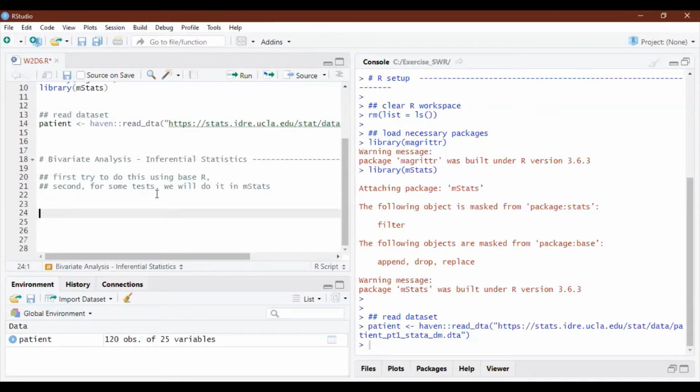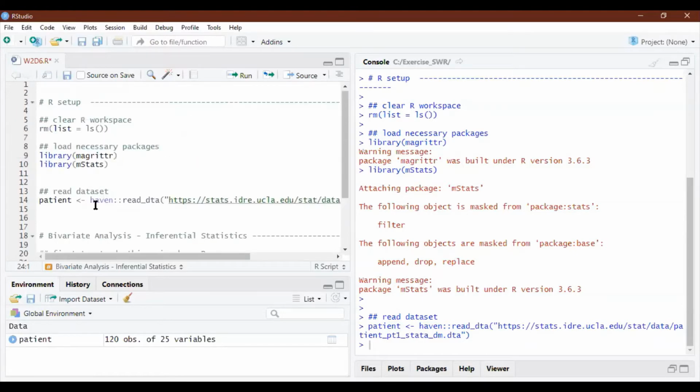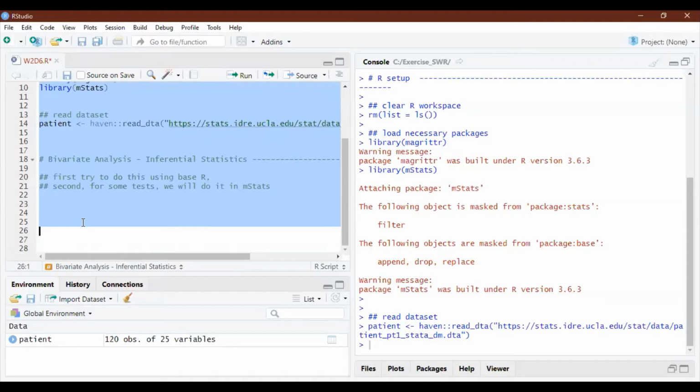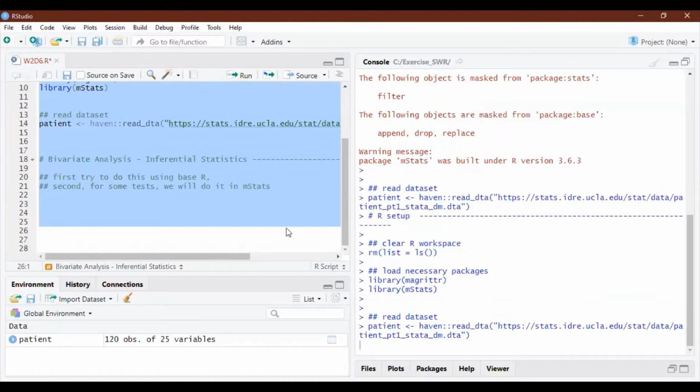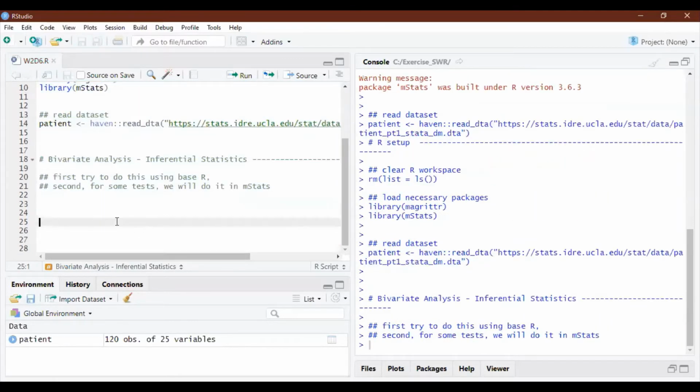For any test, we will do it two times: first using base R, and second using the package. Basically, this should give you the same result. First let us run everything here.